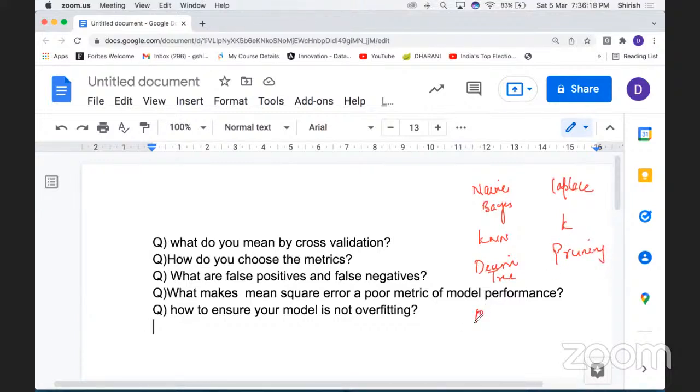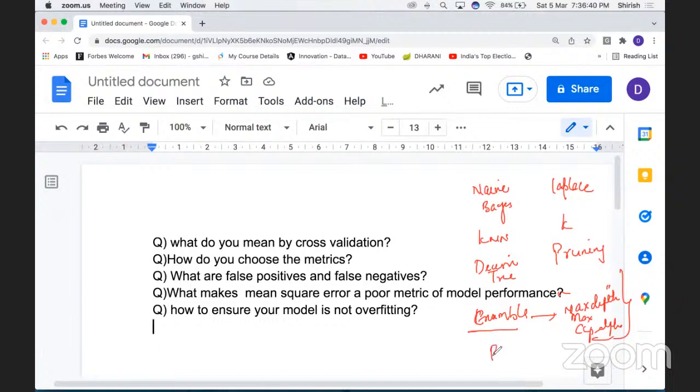Whether it is your ensemble methods, a bunch of parameters are there which will avoid overfitting, like maximum depth, minimum number of features, maximum features, ccp_alpha. A bunch of things are there for ensemble models.